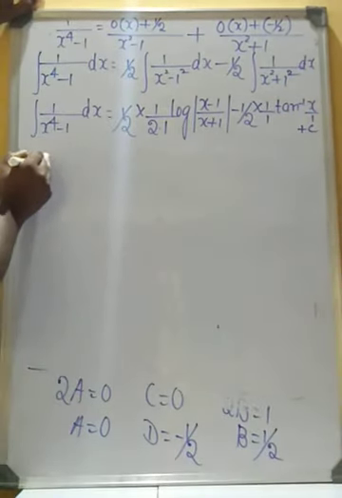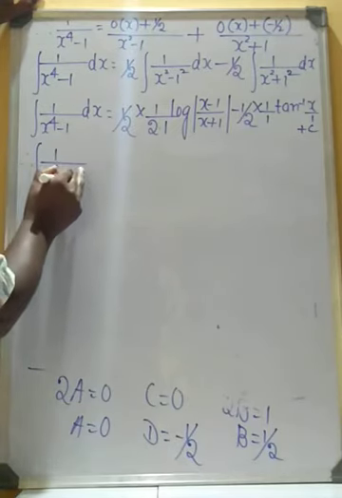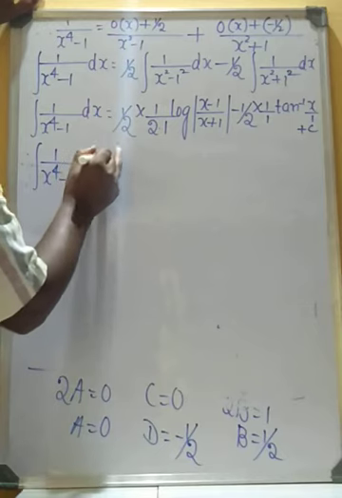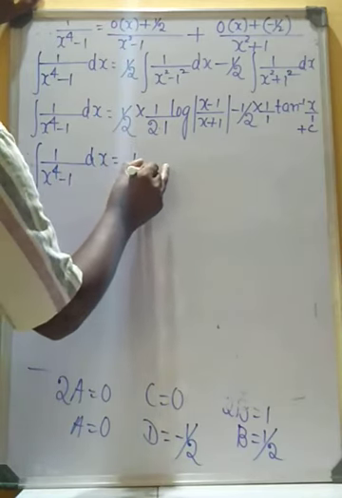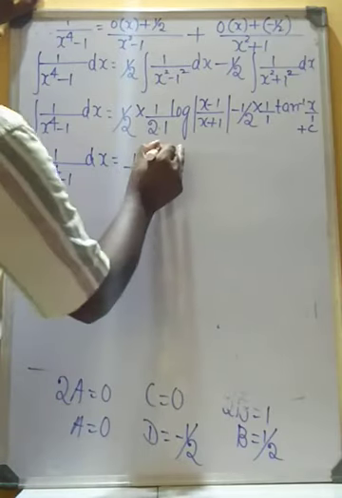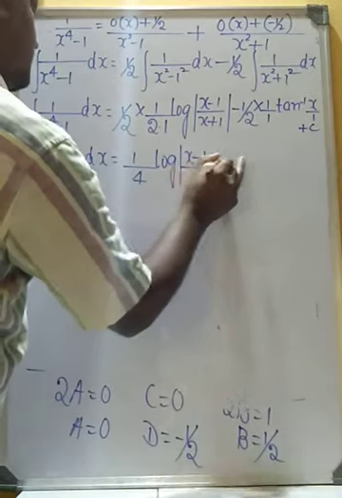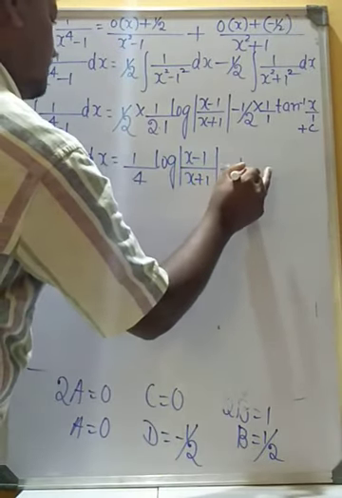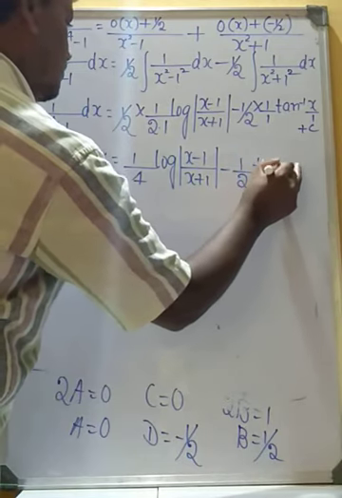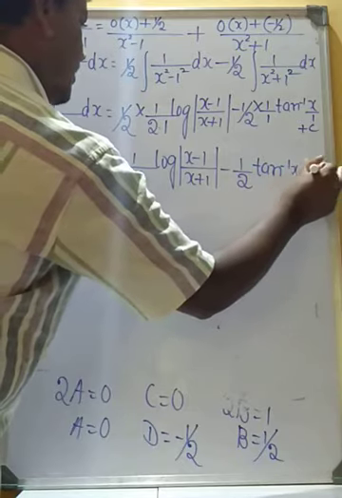So therefore integral of 1 by x to the power of 4 minus 1 into dx equals 1 divided by 2 (2 2s are 4), 1 by 4 into the log of mod x minus 1 divided by x plus 1, minus 1 divided by 2 into tan inverse of x by 1, that is x, plus constant of integration c.